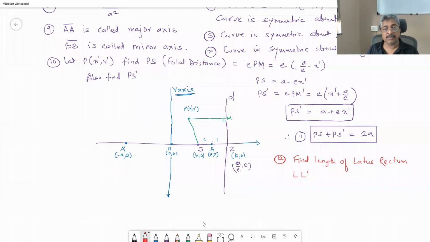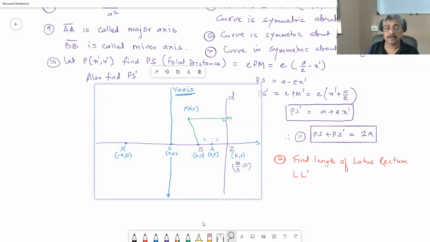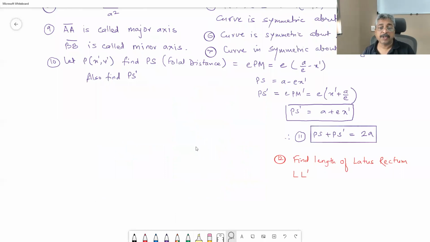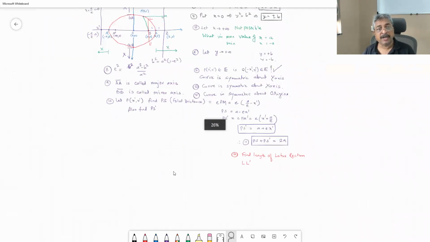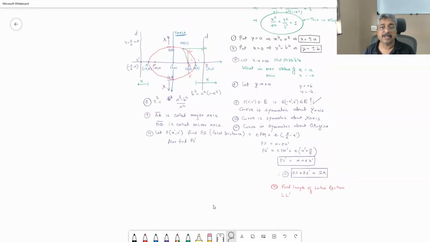Okay. Meanwhile, I will replace this diagram by the other diagram. Delete. I should make it small and then do these activities so that I have better control on that. Okay.